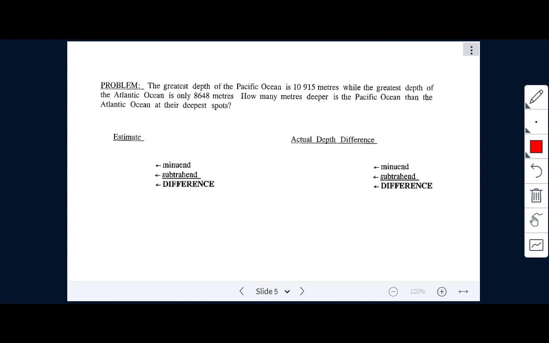All right, so this is a difference problem. So we are going to start with our estimate. Our top number is called the minuend. The second one is called the subtrahend, and then the answer is called the difference. So again, make sure you do know those two terms.